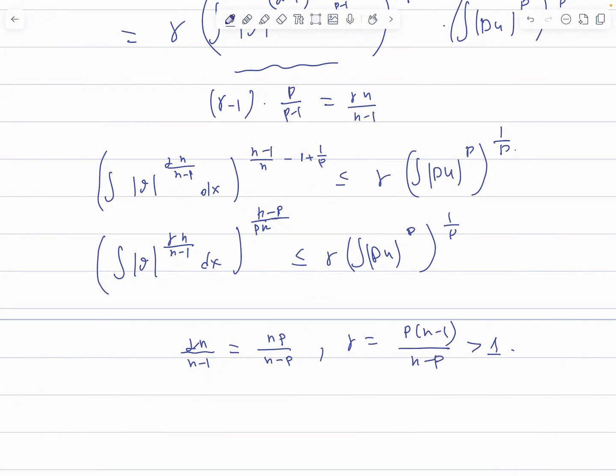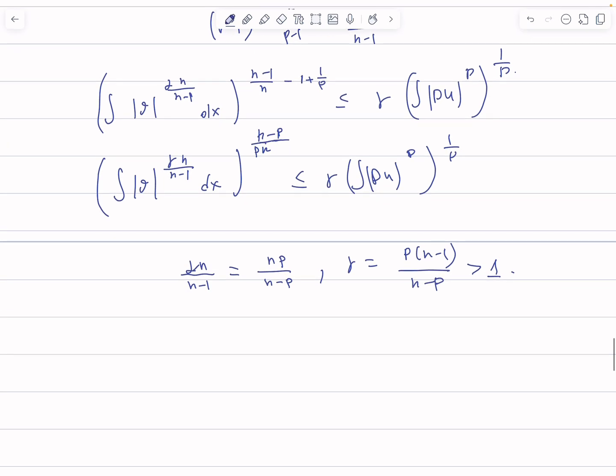So this is our p star, like our p star is np divided by n minus p.